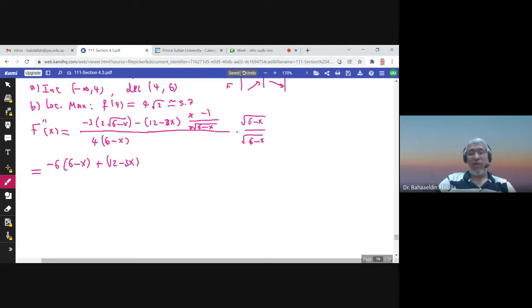And square root of 6 minus x will be cancelled with square root of 6 minus x. So that's it. Okay, I'll have plus 12 minus 3x. Excellent. Over 4 and 6 minus x to the power 1 times 6 minus x to the power half. I will have 6 minus x to the power 3 over 2. So this is negative 36 plus 6x plus 12 minus 3x.